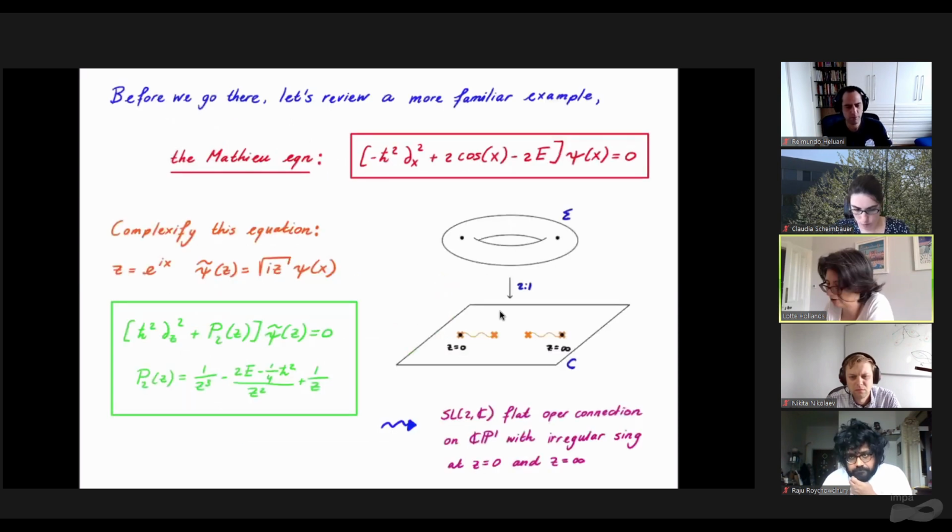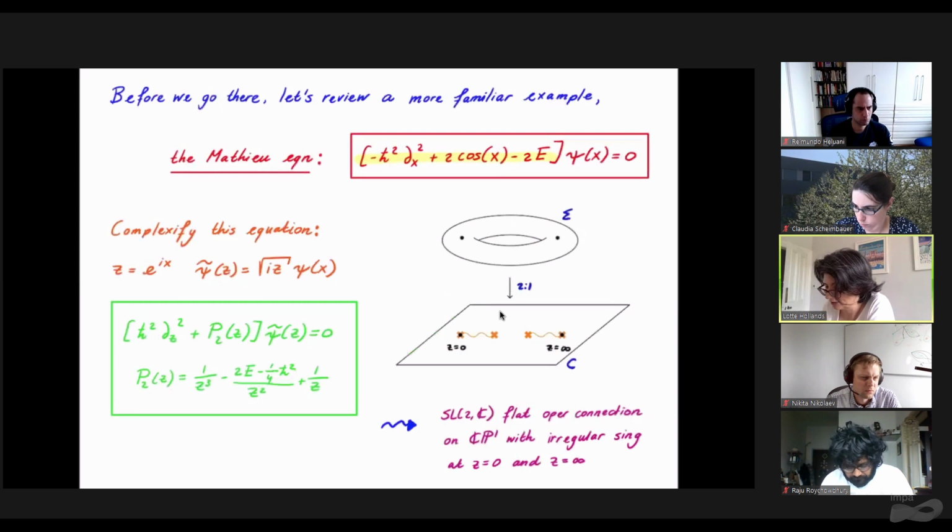Right, so before we go there, I want to review a more familiar example. So that is the Mathieu equation. So this Schrödinger equation with a periodic potential cosine of x.